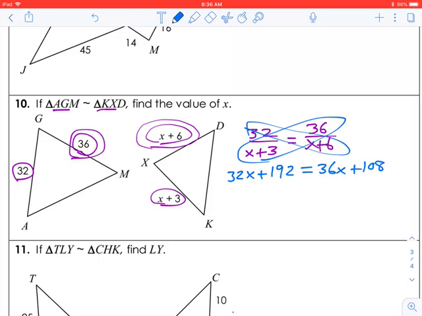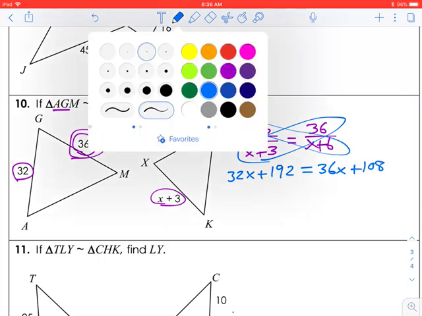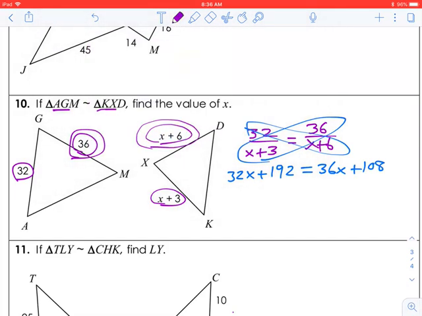So now we can go ahead and solve for x. When I get x on one side, I get 4x plus 108. So I'm going to subtract 108 to the other side. 192 minus 108 is 84.